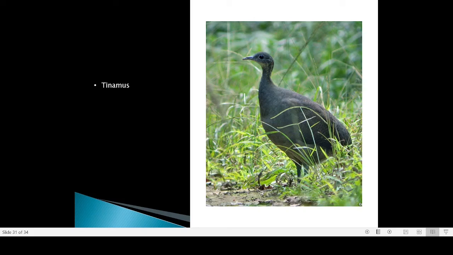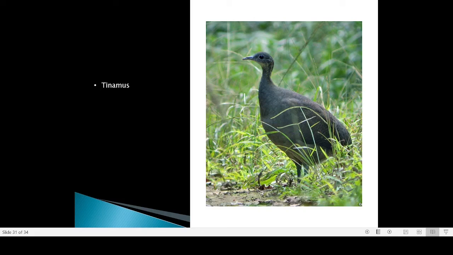Then other interesting things about the black tinamous. This is a black tinamous that you are seeing here. In the case of their conservation status, they are considered a vulnerable species.